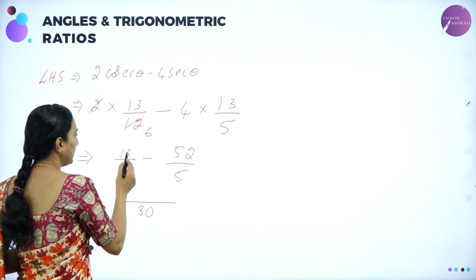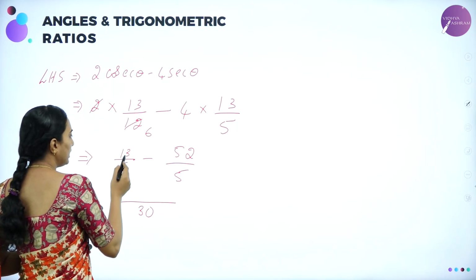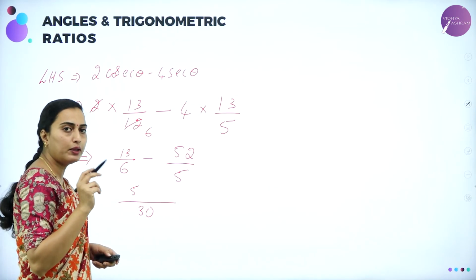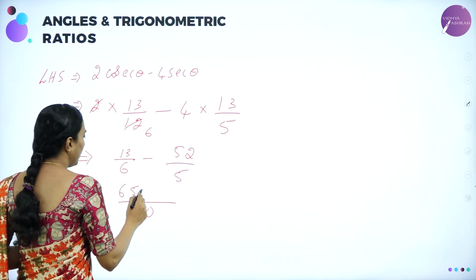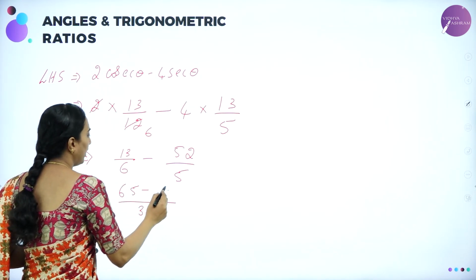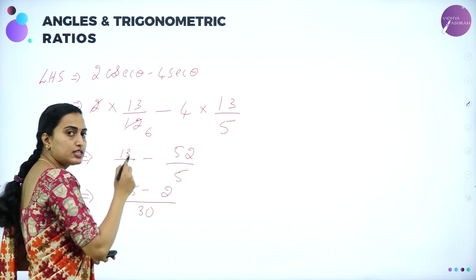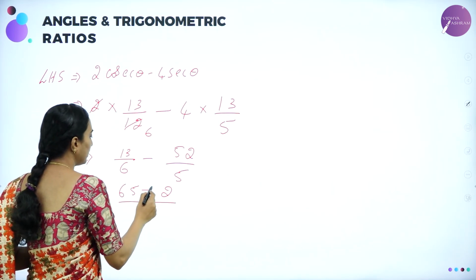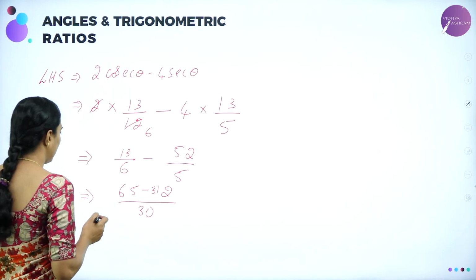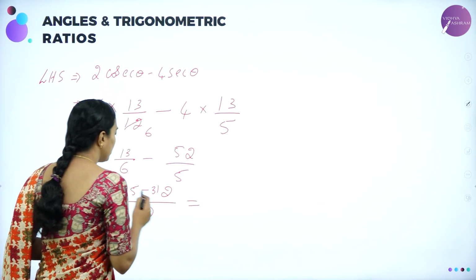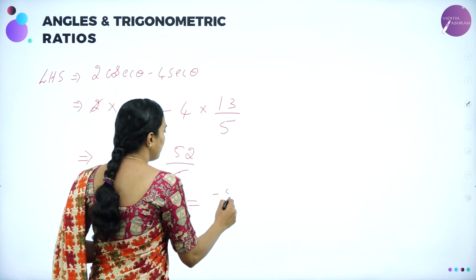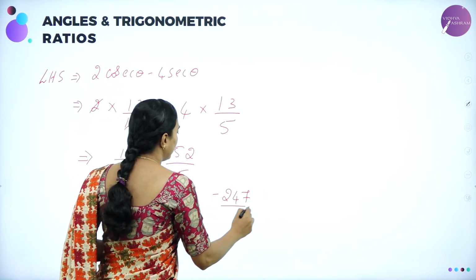Now 5 will be multiplied here: 5 thirteens are 65. Minus 6 twelves... 6 into 52 is 312. So the answer you are going to have here is 65 minus 312, which is minus 247 divided by 30.